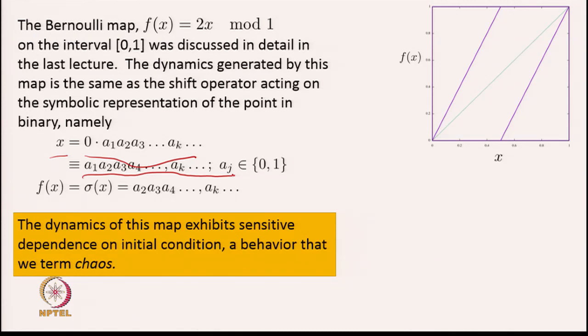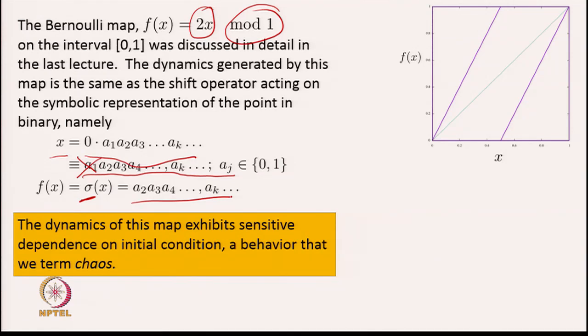And f of x, namely this multiplying by 2 and taking the modulo 1 operation, was the same as acting a shift operator on x. The purpose of the shift operator is to simply forget the first, leading symbol and consider this to be the new point in the phase space.